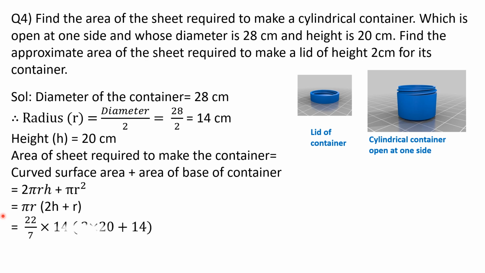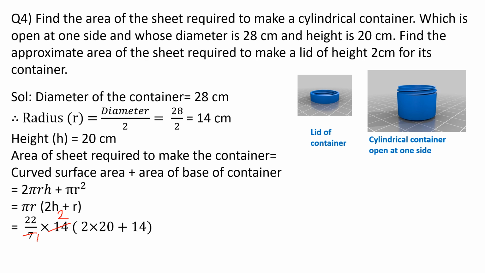So that is equal to 22 upon 7, pi's value, into r value, which is 14, the radius we got here. Then in bracket 2 into h value, that is 20, so 2 into 20 plus 14. Now we'll solve. Student, you can cancel this: 7 ones are 7 and 7 twos are 14.